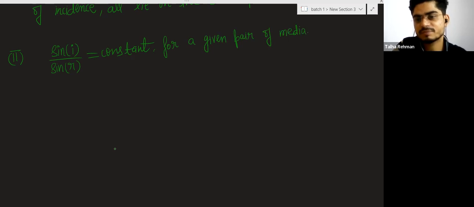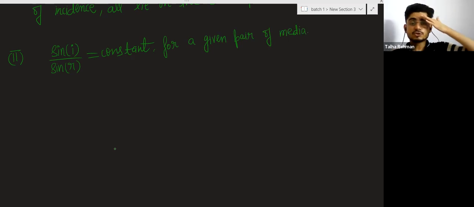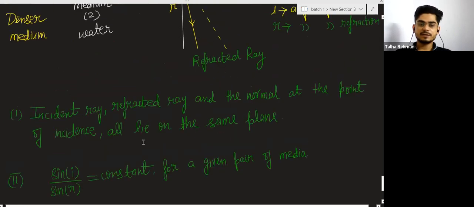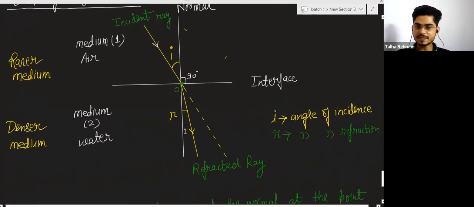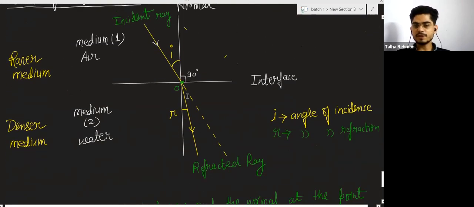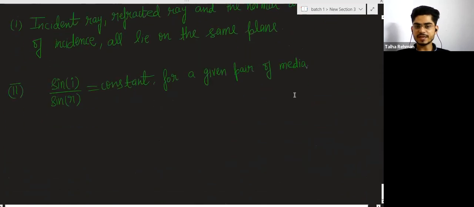Media means plural of medium. So if you take sine of this angle divided by sine of this angle, this will always remain constant for two mediums. This is the second law.